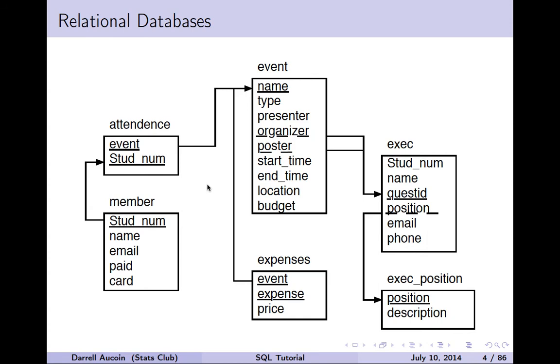A key could be a tuple of columns. For attendance, there's event and student number, so if we fill up everybody here in the table, like SQL tutorial and then a whole list of numbers for that, for each one it's different.